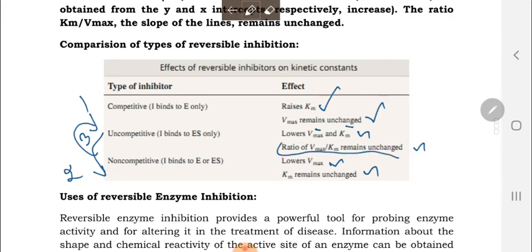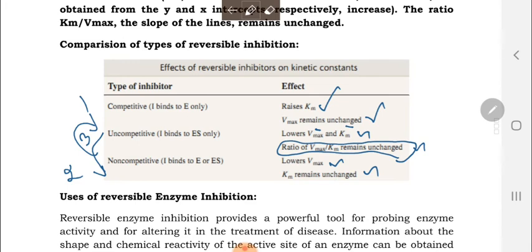This is maybe not from the examination point of view. This one is very important: there is a lowering of Vmax and Km. Both Vmax and Km are decreased. Again, I am repeating: in competitive inhibition, Km is increased and Vmax remains unchanged. In non-competitive, Vmax is decreased and Km remains unchanged.